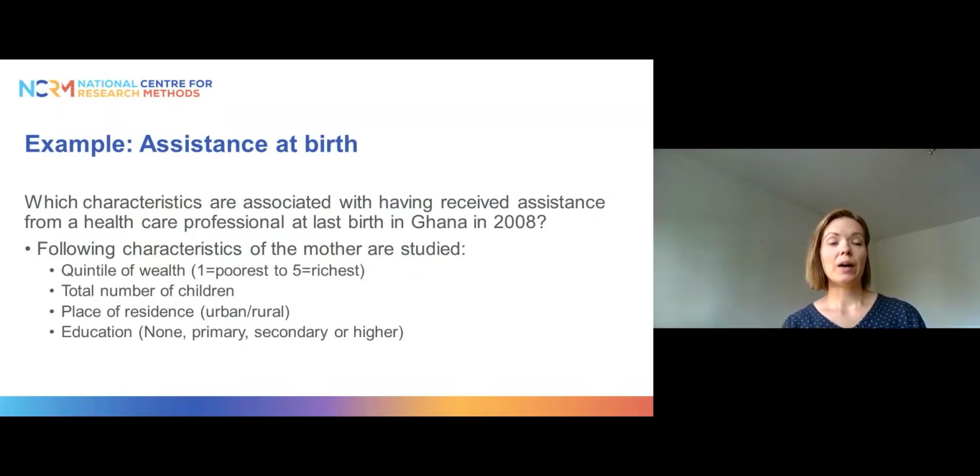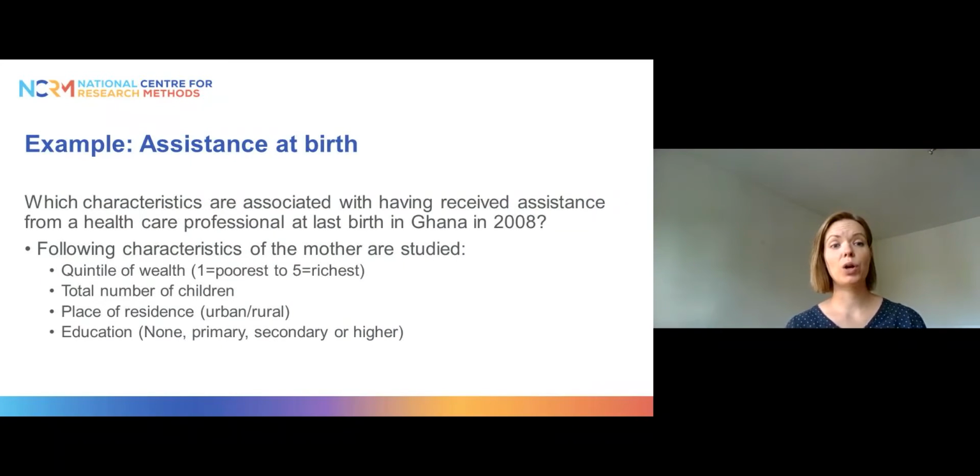I will approach this subject with an example. I extracted some data from the Demographic and Health Survey of Ghana from 2008. I was interested in studying which characteristics of women or mothers are associated with the likelihood of having received assistance from a healthcare professional in their most recent birth. I have the following variables available in my dataset.